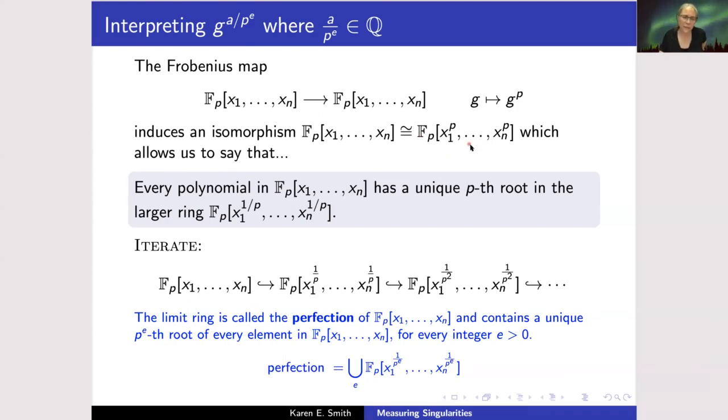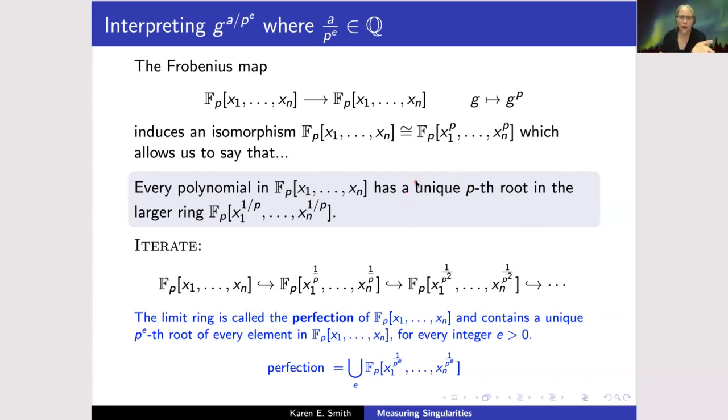Basically, what this tells me is I can take a Pth root of any element. If I want to take the Pth root of a polynomial G, I instead think of it as a Pth power of something in this other ring, and it's now a Pth root. So this gives me a way to define a unique Pth root for every polynomial.